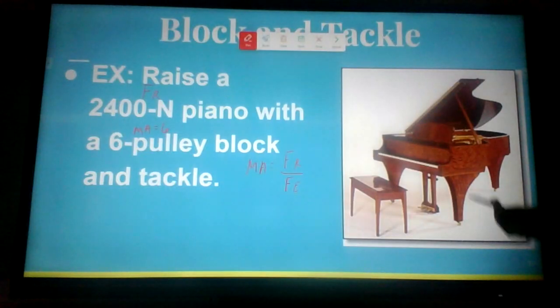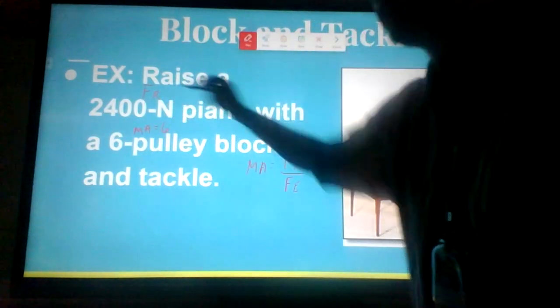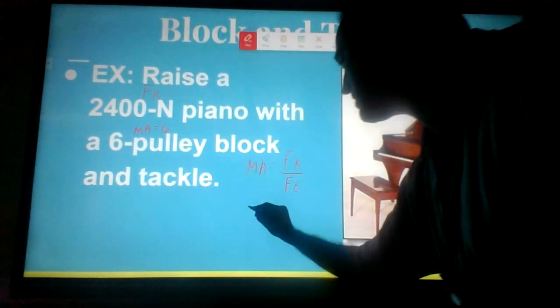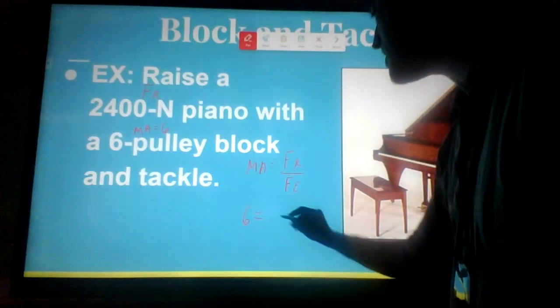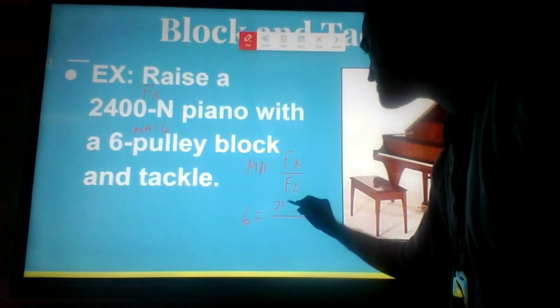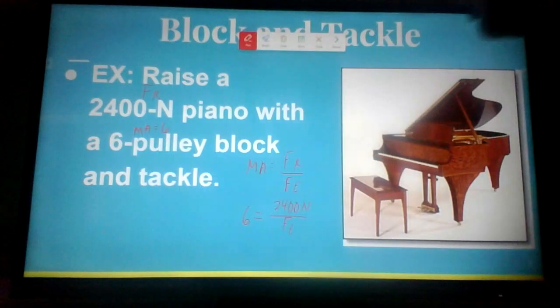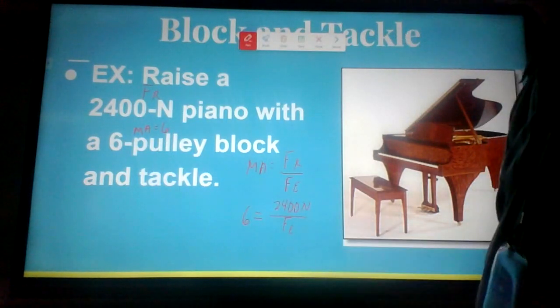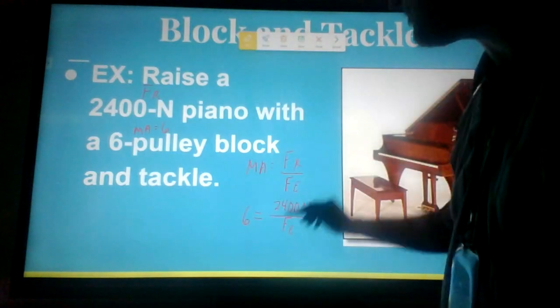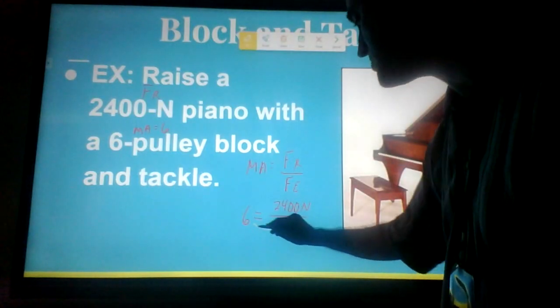How much effort? Now that we see where to put the numbers, let's put them in place. The mechanical advantage is 6. We are lifting 2,400 newtons. How much effort? Well, in this case, our variable's on the bottom. We just do a little switcheroo trick. Anytime, and I mean anytime, that variable is on the bottom, these 2 numbers can switch places.